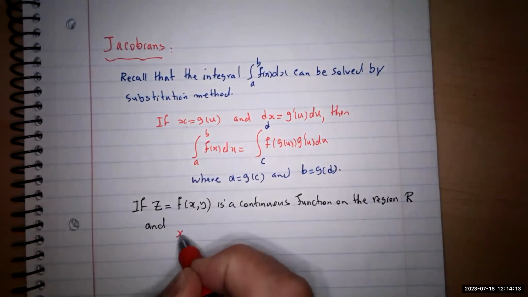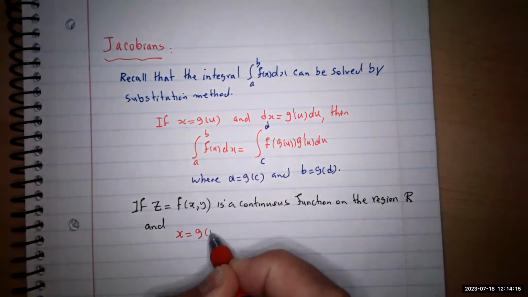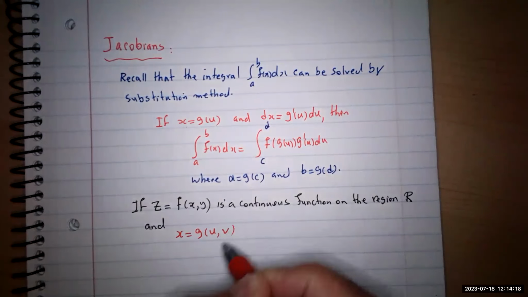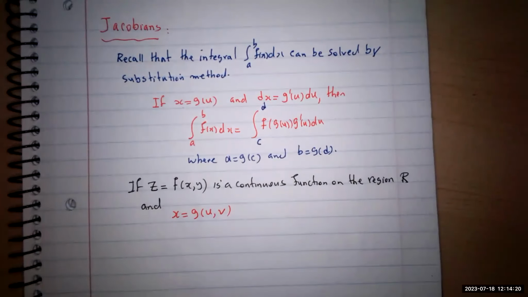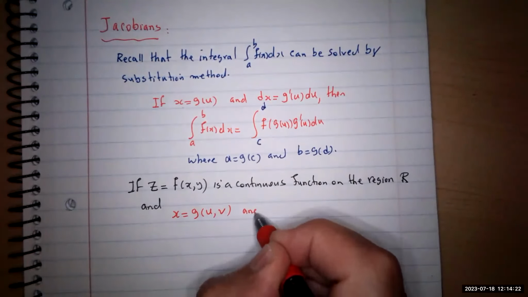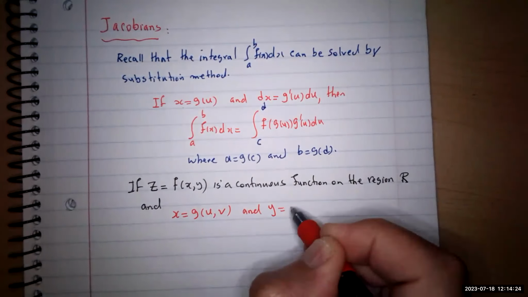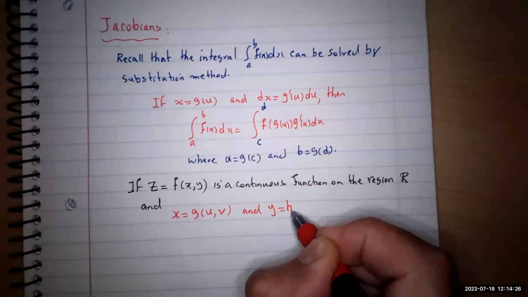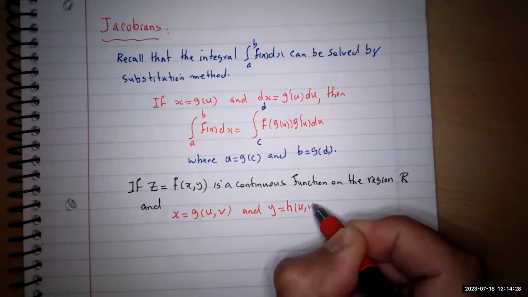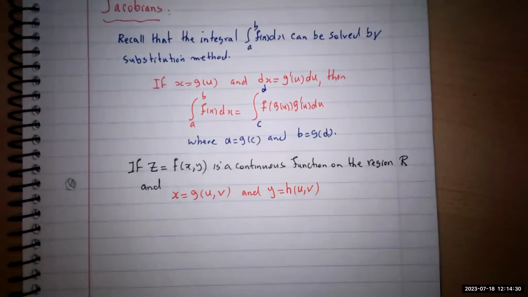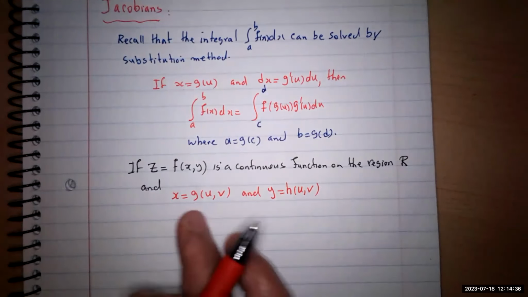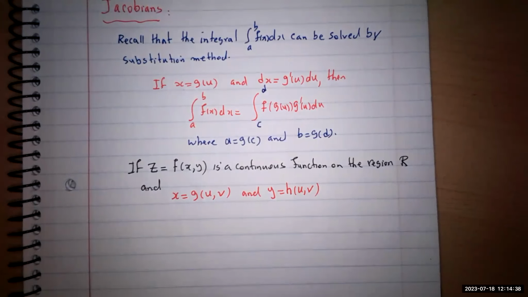Suppose we replace the x by a function of two variables, g of u and v, and y by h of u v. So in practice, you need the u and the v. U and the v would be given to you. Then it's kind of an inverse function that we introduce the x and the y.